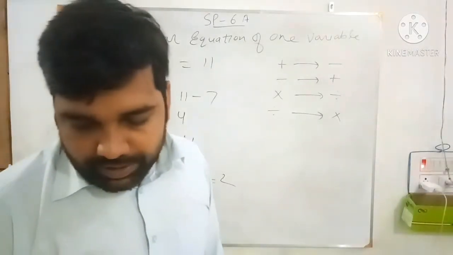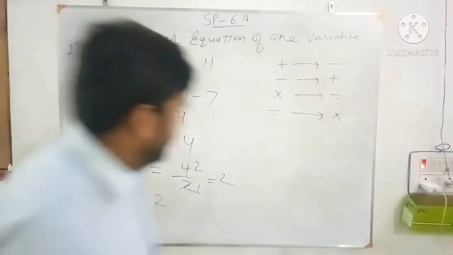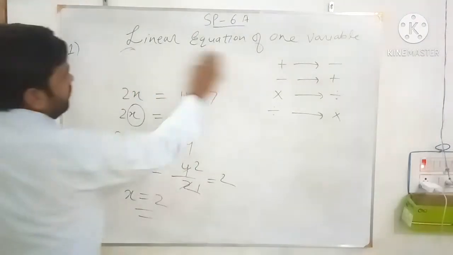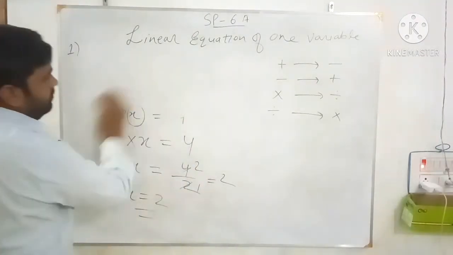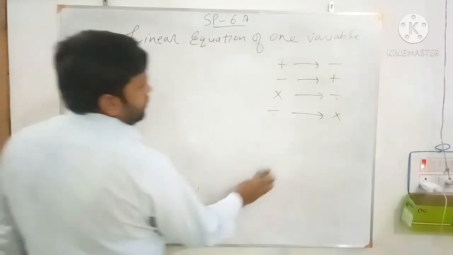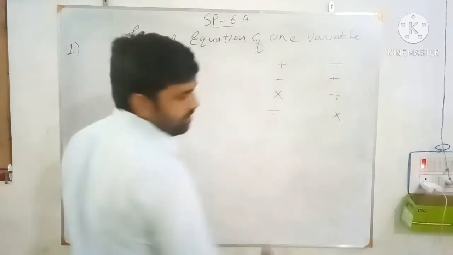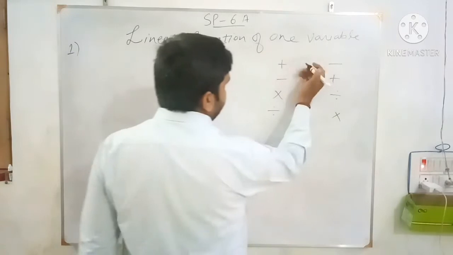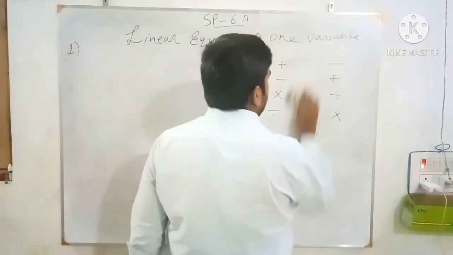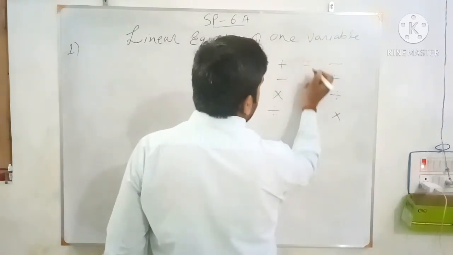Similarly, do question number B also. Now I will solve 1D. In place of the arrow, let me write equals to, which means equation.